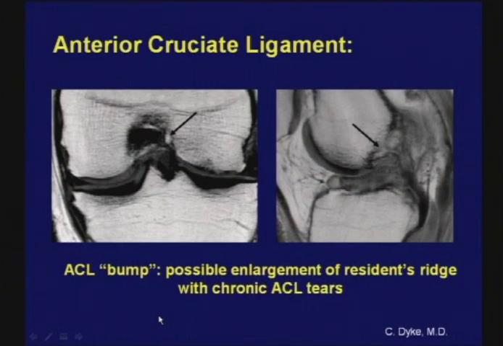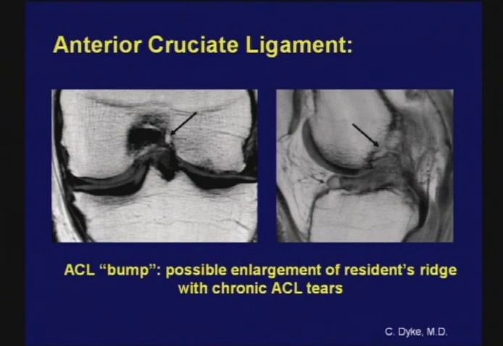There's an interesting phenomenon that one of our previous fellows has brought to my attention that I can't say is true or untrue yet because we haven't done the work to verify it. But she has noticed that there is an excrescence that develops sometimes where the anterior cruciate ligament attaches, perhaps representing enlargement of the resident's ridge.